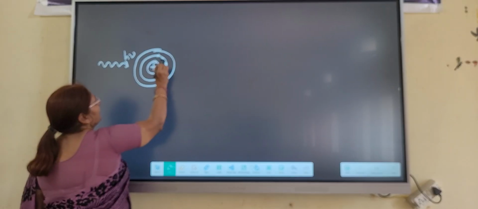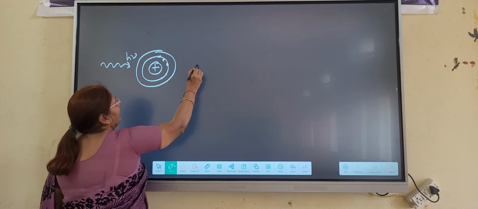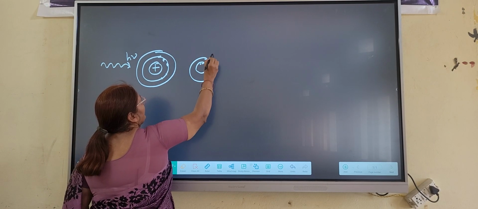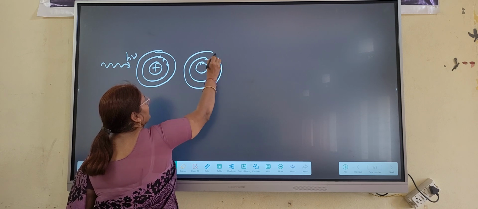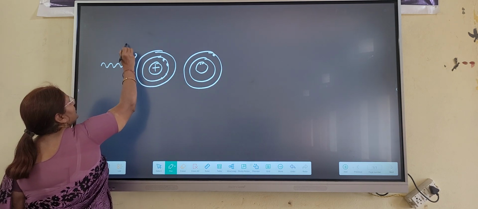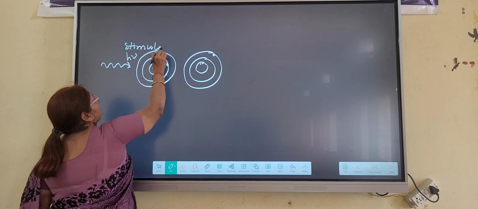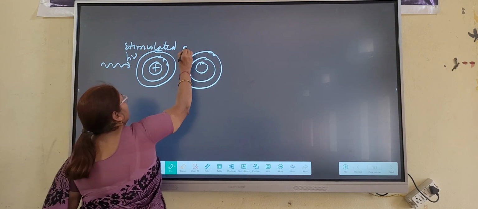Suppose this hits this atom and brings it to the higher excited state. So how will it look? When it goes to the higher excited state, it will come here. This kind of absorption is called stimulated absorption.